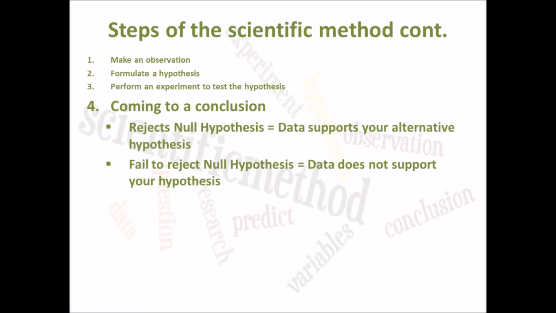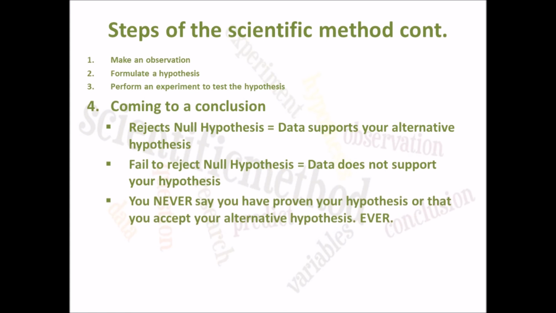However you say it, it is very important that you never say that you accept your alternative hypothesis or that you have proven your alternative hypothesis, because this is not the way scientific experiments are set up. The way science is set up is that you can disprove a hypothesis or you can find supporting evidence for it, but you can never prove a hypothesis. That's why there are so very few scientific laws in biology.